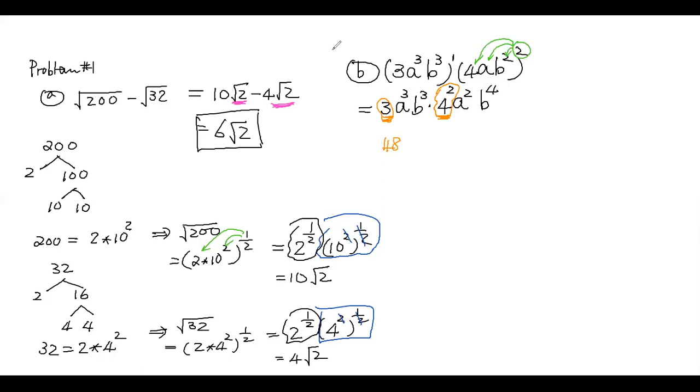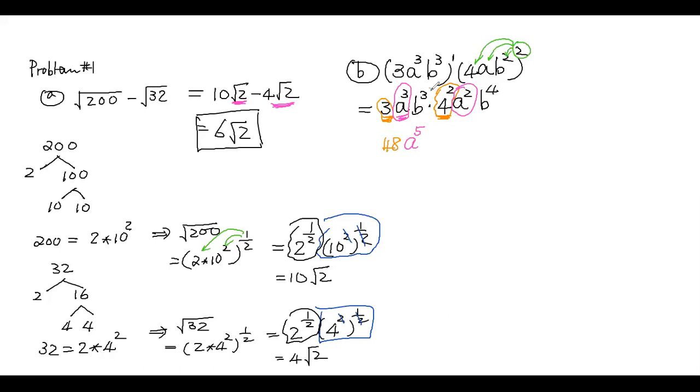Now the next similar terms are the a's. This is a cubed times a squared. Remember the review: if they have the same base and you multiply them, you add the exponents, so this is a to the 5. Okay, so now let's take a look.